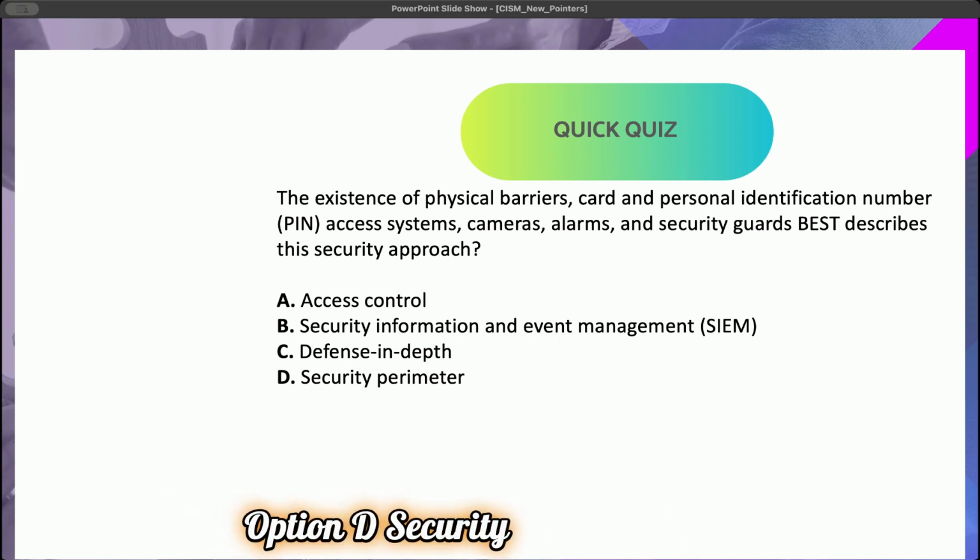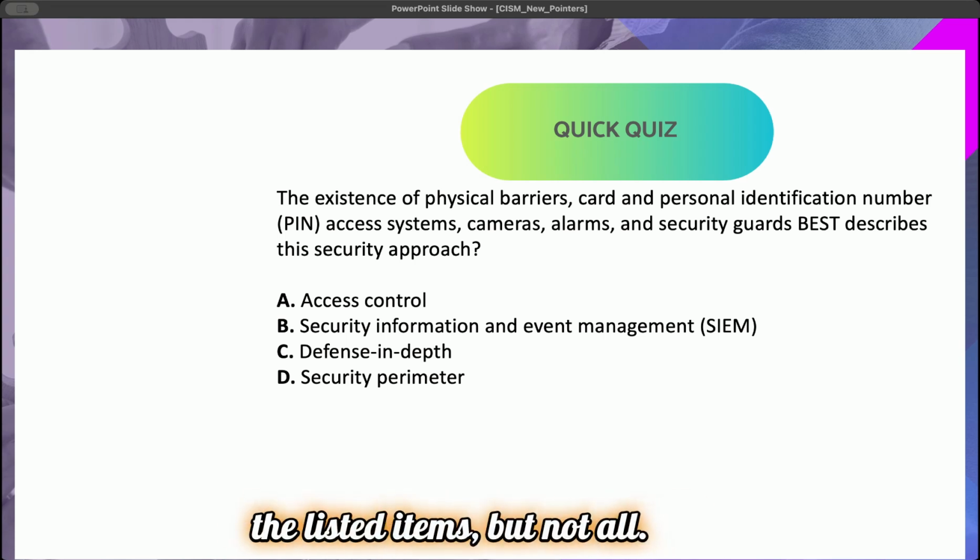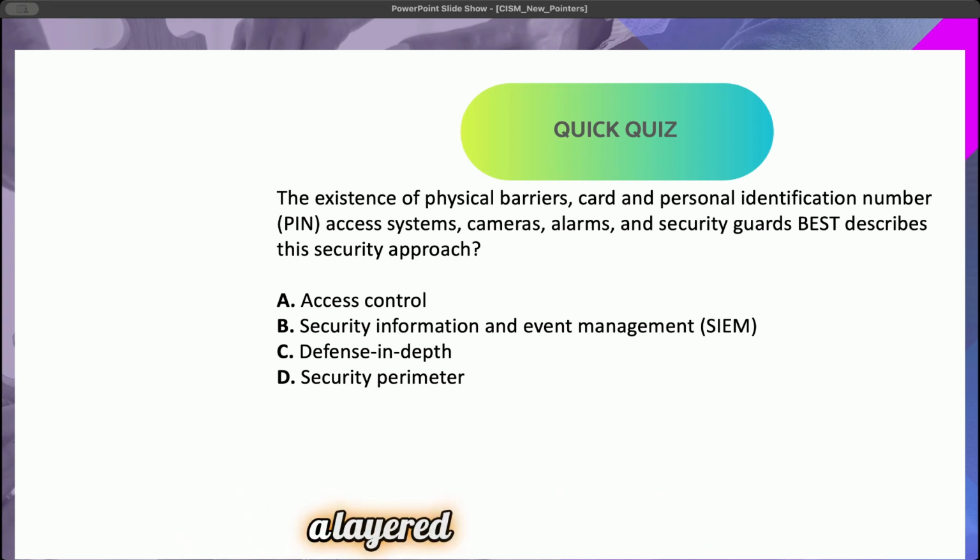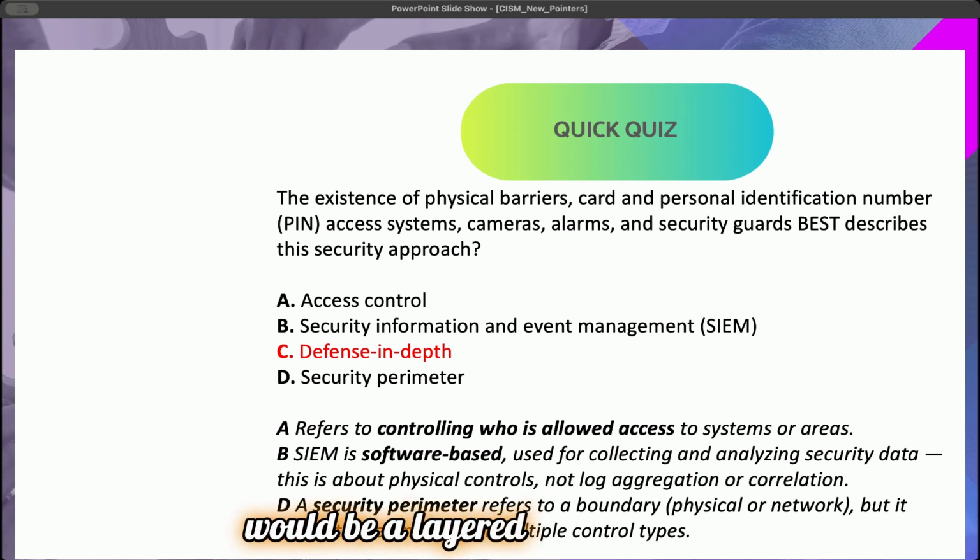Option D, security perimeter, refers to the outer boundary of a security environment, that is a fence, firewall, network boundary, etc. It may include some of the listed items, but not all. Also, it does not describe a layered strategy. So the correct answer here would be a layered strategy, that is defense in depth. So this is the correct answer.